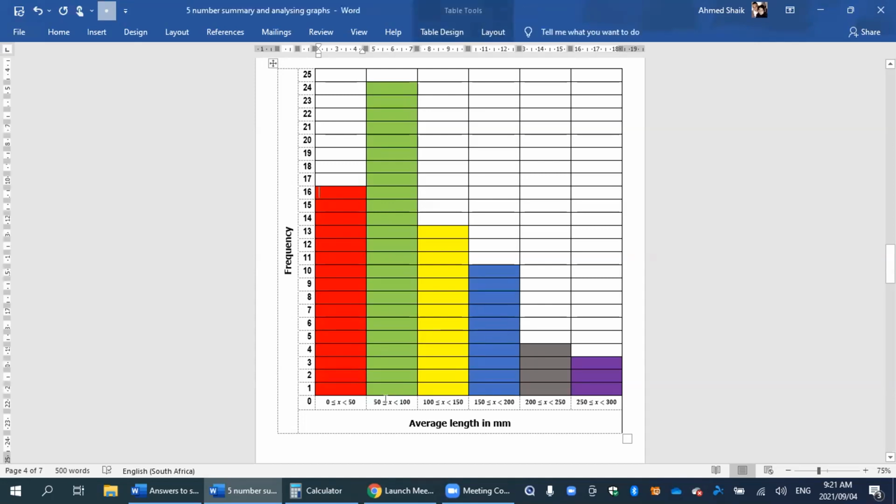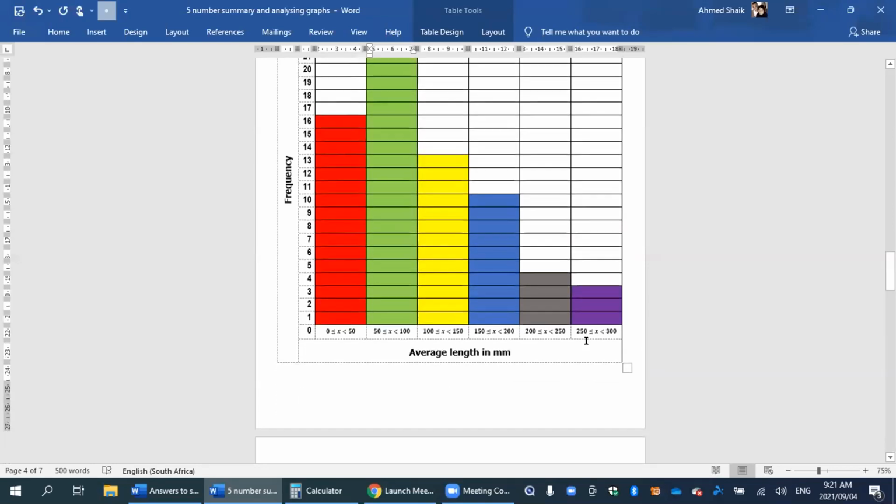Our second interval from 50 to 100 has a frequency of 24. Our third interval has a frequency of 13. Our fourth interval from 150 to 200 has a frequency of 10. Our fifth interval, which is 200 to 250, has a frequency of 4. And our last interval from 250 to 300 has a frequency of 3.